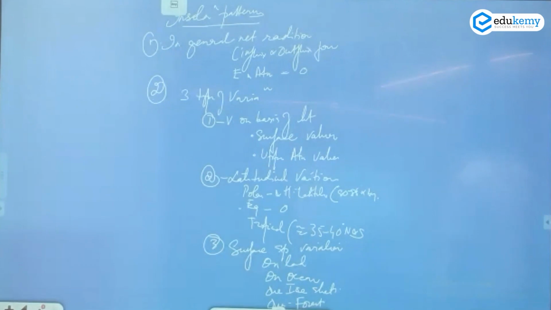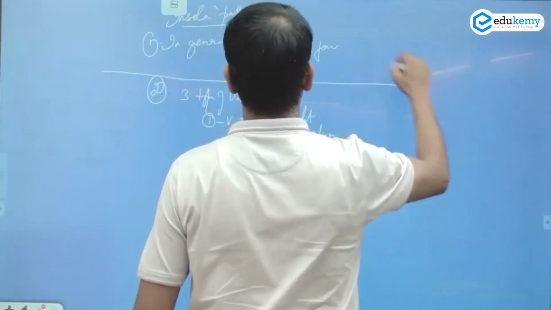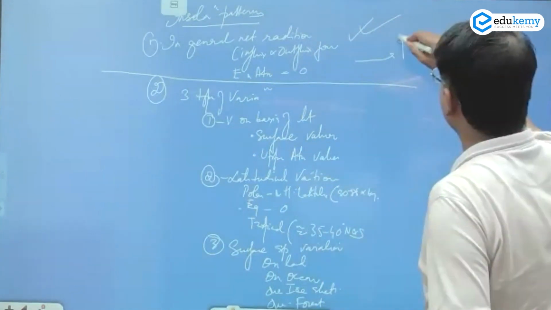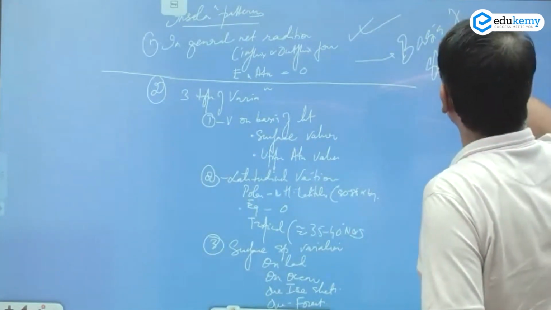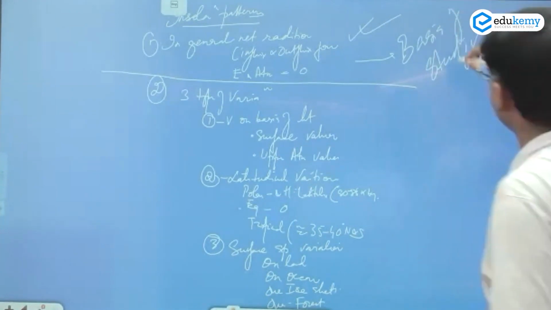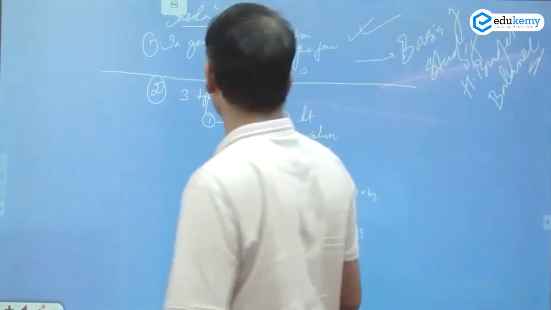So if I look at the insolation patterns, in general, the net radiation for the Earth and atmosphere is 0. This fact you know. And this is the basis of studying the heat budget balance. But then there are three types of variations in the insolation.